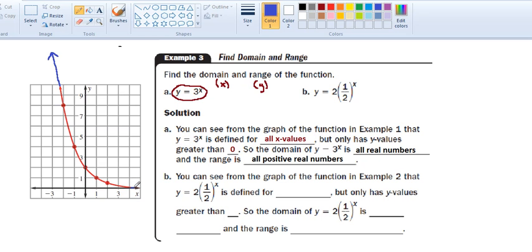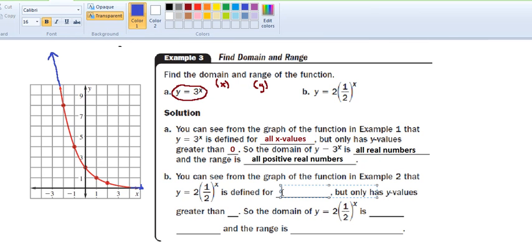And here it's a little easier to see. This thing never crosses below the x-axis, even though it's going to be really, really, really close. That goes as far as you can to the right.